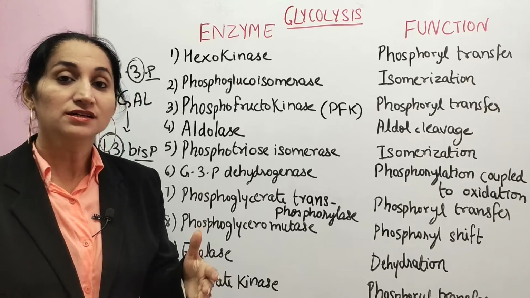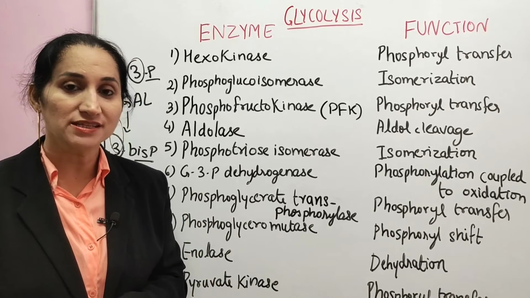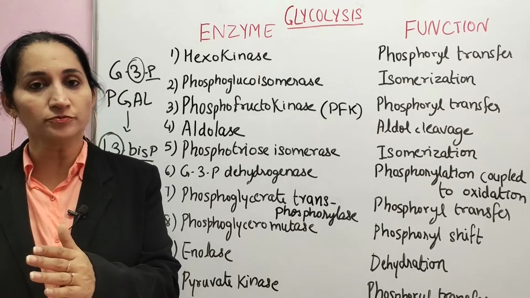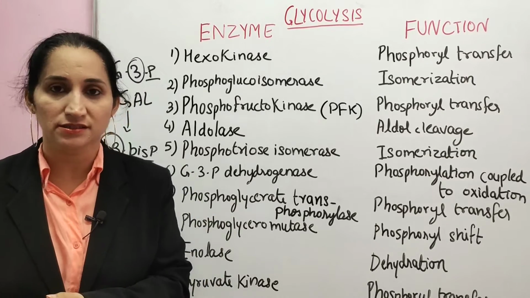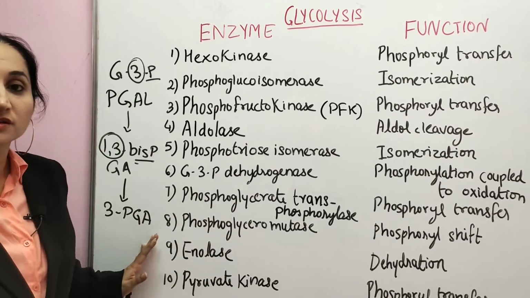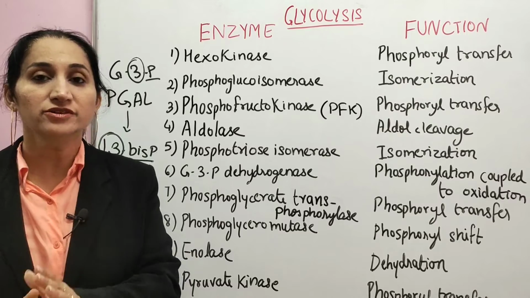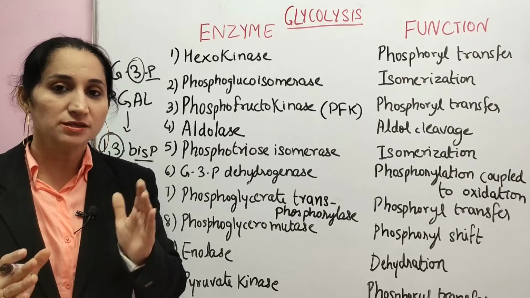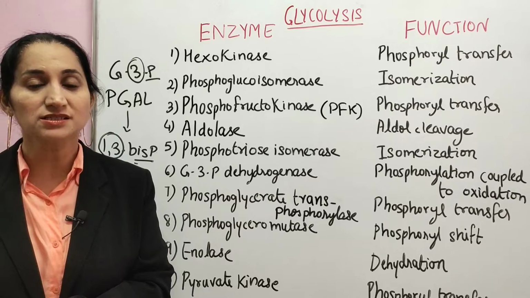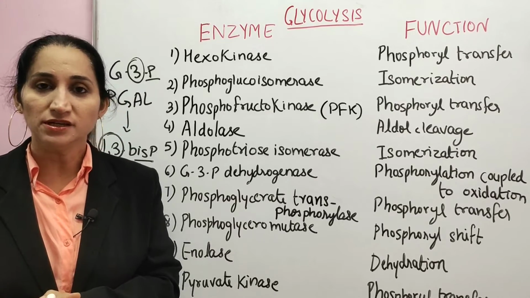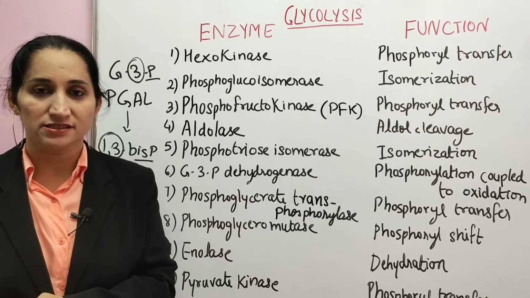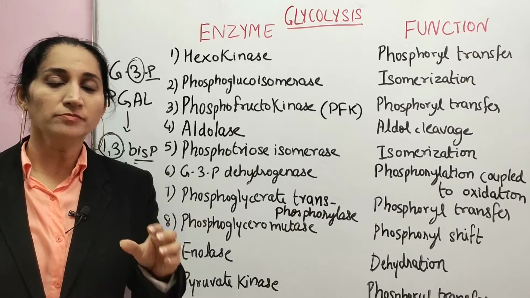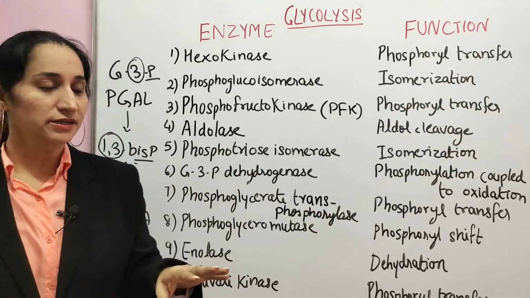Now, what is the function of transphosphorylase enzyme? It catalyzes transfer of a phosphate group from one molecule to another. This reaction was substrate level phosphorylation. What is substrate level phosphorylation? It means synthesis of ATP directly from the metabolites. So here the phosphate group was transferred from one compound to another.